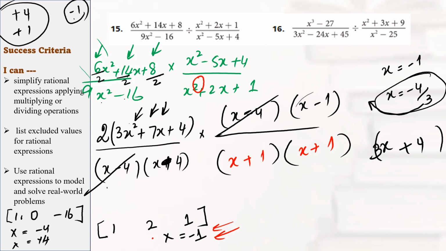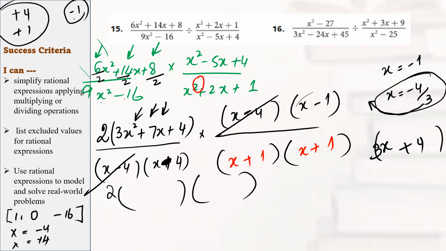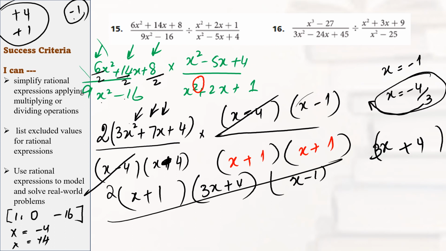So let's try to write this one. So let's make it 2. So here we have the two factors. One is x positive 1 and the other is 3x positive 4. Now from the top only x minus 1 is left, and in the denominator x minus 4 is left and x plus 1 left.